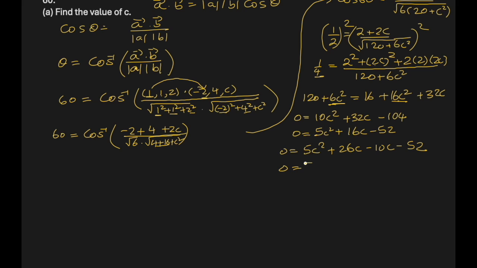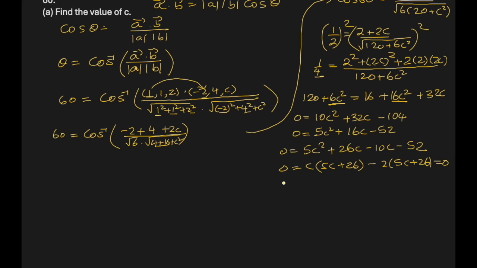So C is the only thing common. C times 5C plus 26, minus 2 is common here, times 5C plus 26.